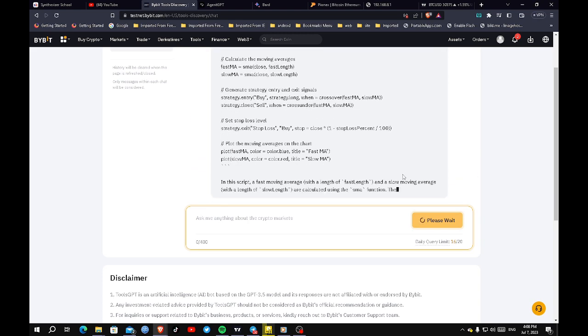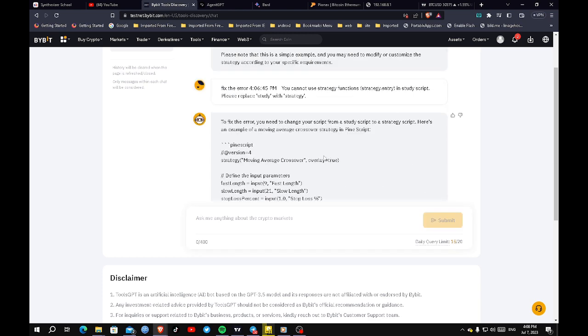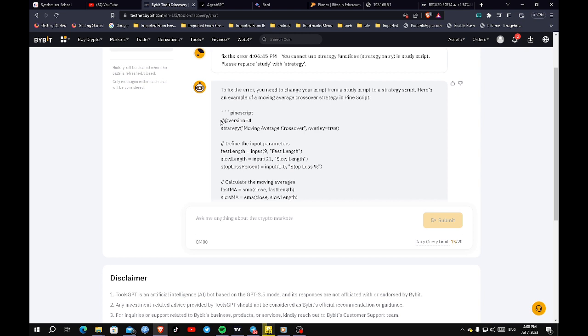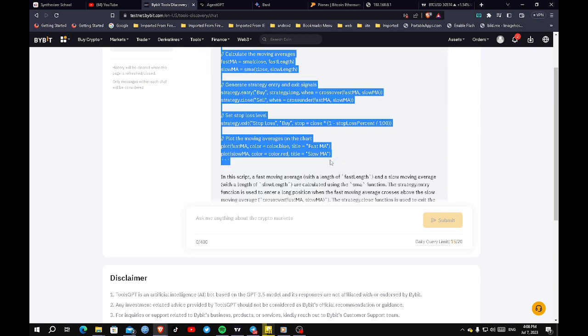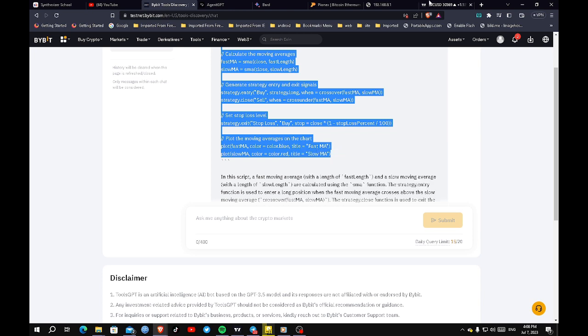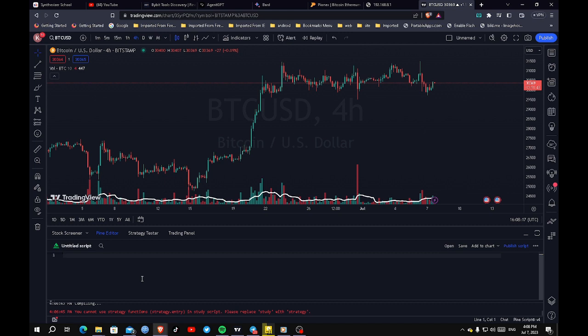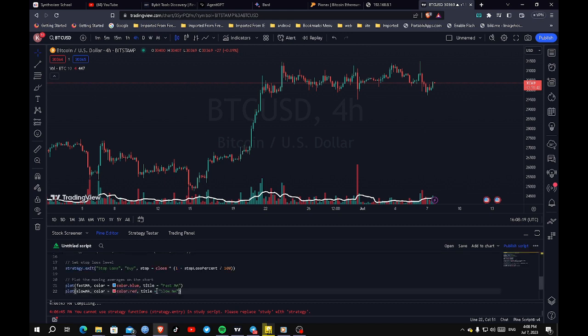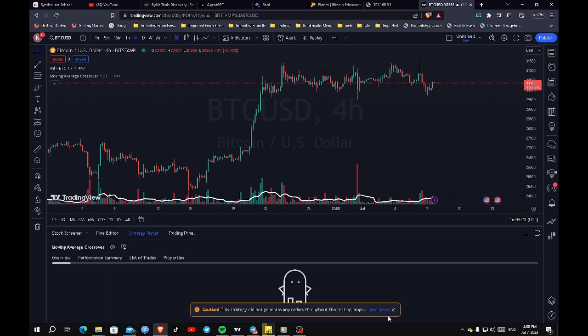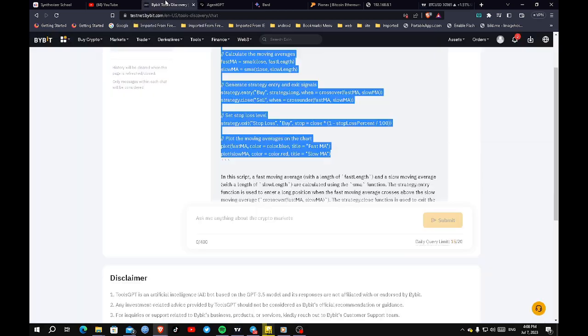Alright. Okay, so copy the code again. Let's see if it will work this time. Alright, add to chart. Okay, finally it worked.